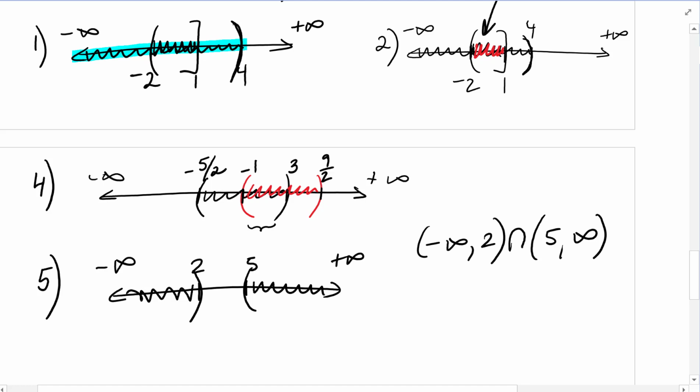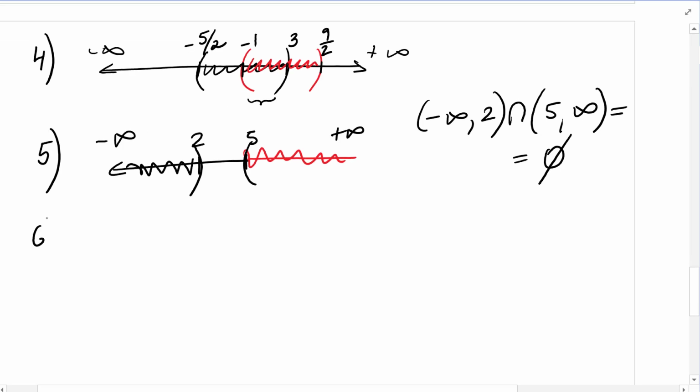Let me represent 5, infinity with red. Do they overlap? Do I have the black interval with the red one overlapping? Well, they don't. So what does it mean? Well, when they don't overlap, we get the empty set.